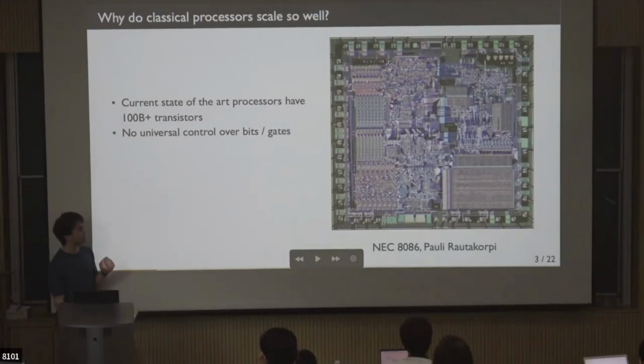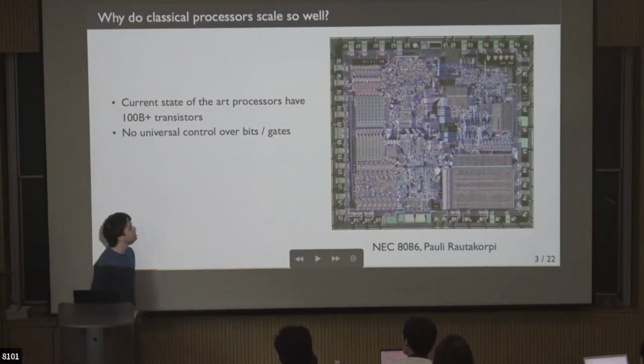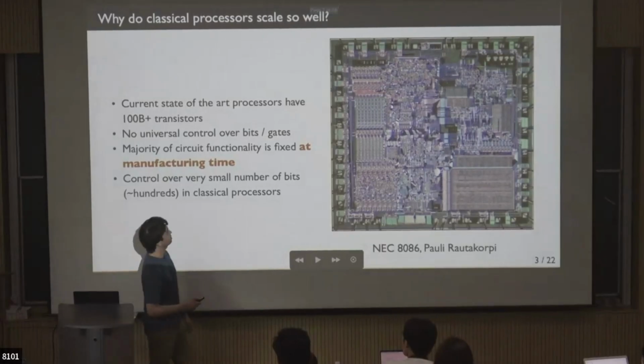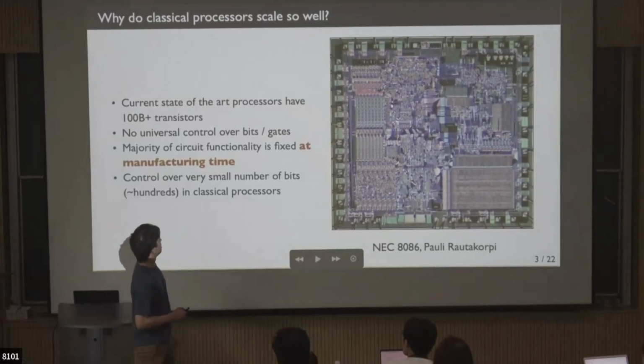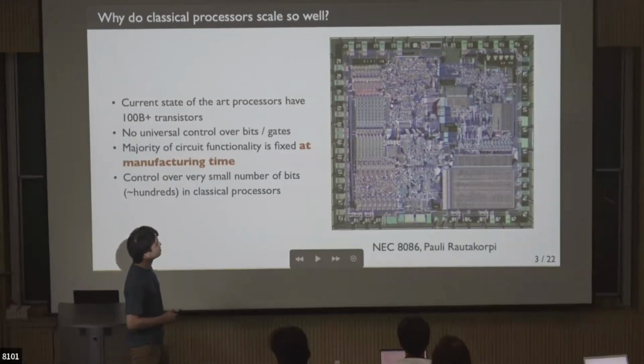So here's a picture of a not state-of-the-art processor. This is something that would have been, say, from the 1980s or something like that. The thing that you'll notice is that the majority of the functionality of the circuit is fixed at manufacturing time. You have some pattern of circuitry of wires and transistors, and they're all coming together to make this device.